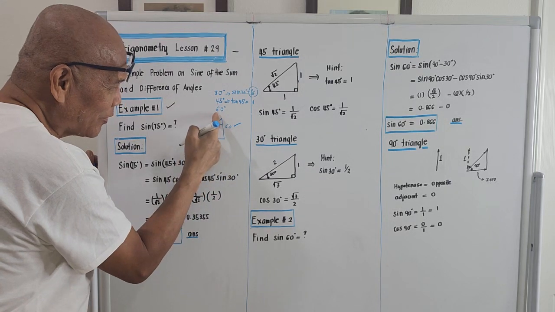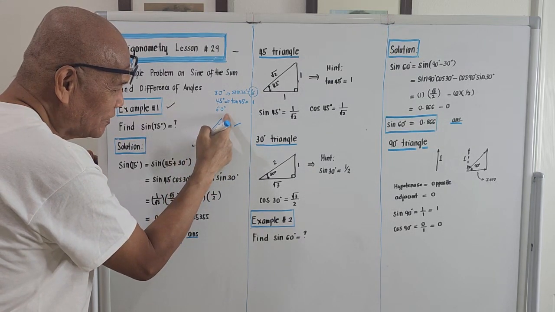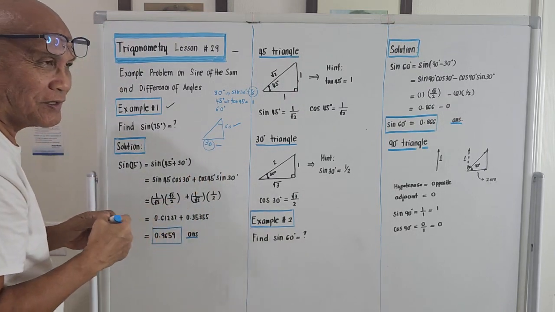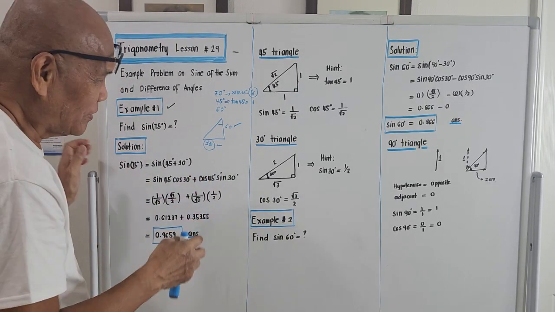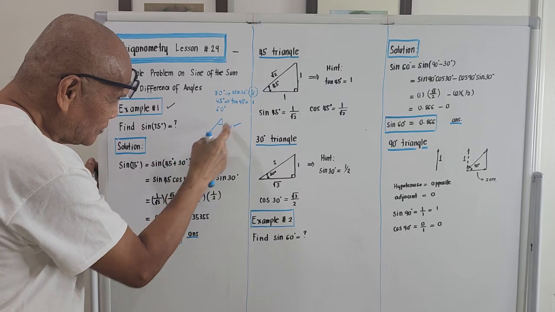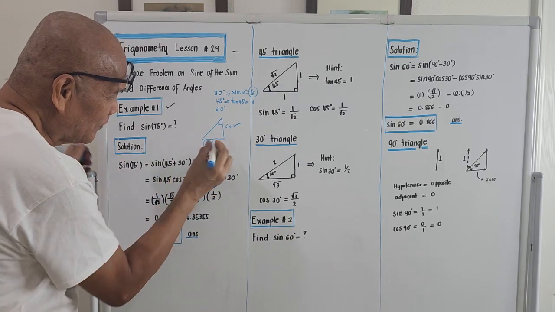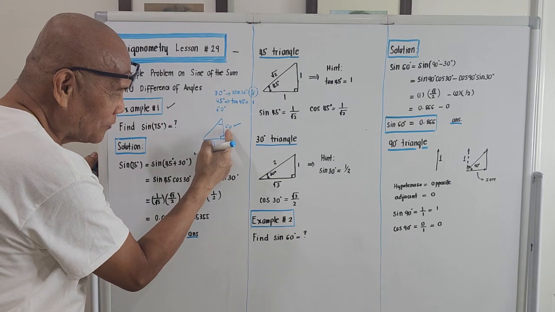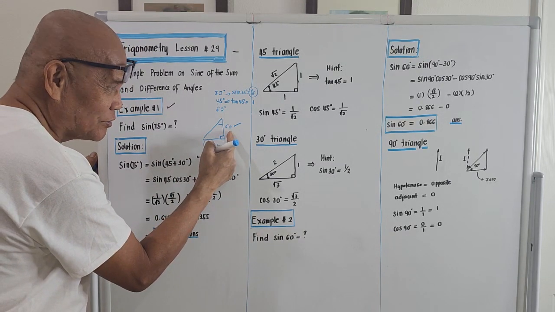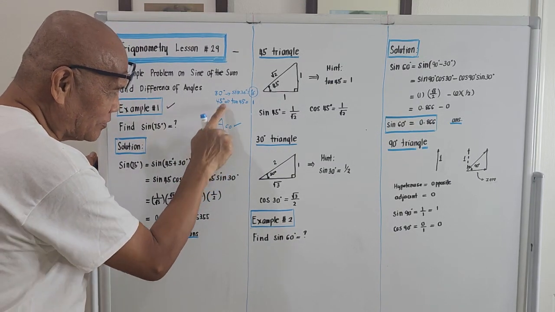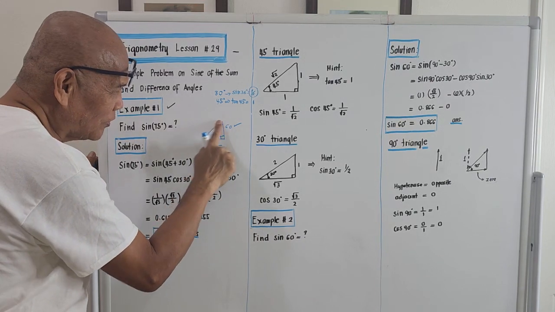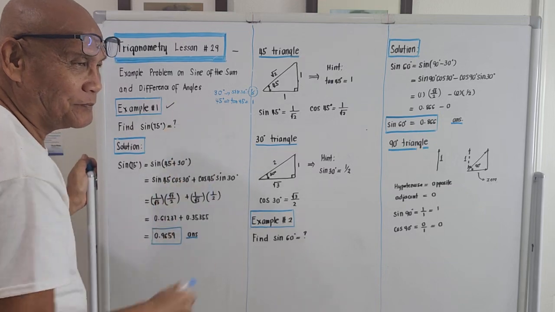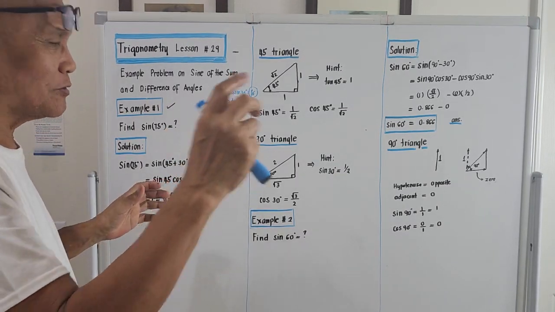So you don't have to memorize the values for 60 degrees, because 30 and 60 are actually complementary angles. The sum of 30 and 60 is equal to 90 degrees. So if you know the value of 30 degrees, you could derive the other values of 60 degrees. So there will be no problem with 60 degrees. So actually the only special angles that we need to memorize are 30 and 45. Okay, let's try to bring out the solution.